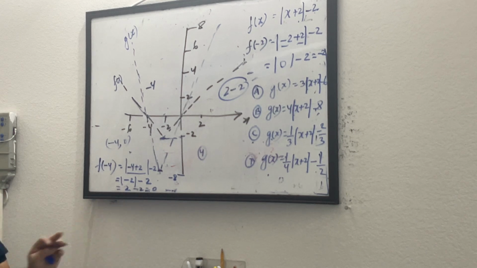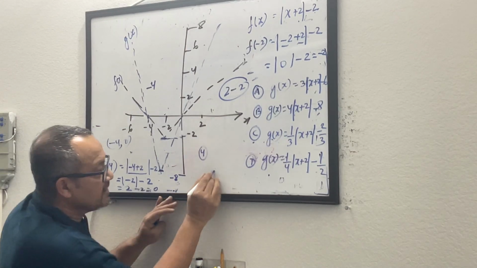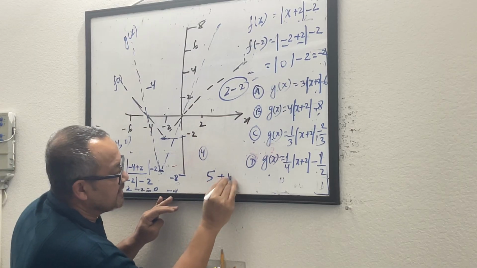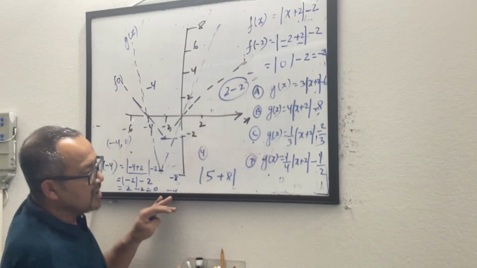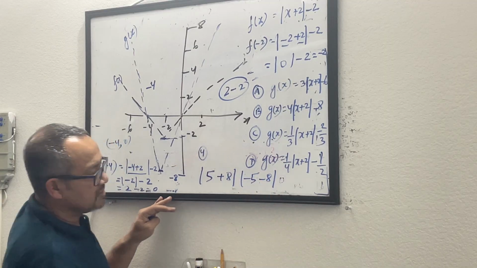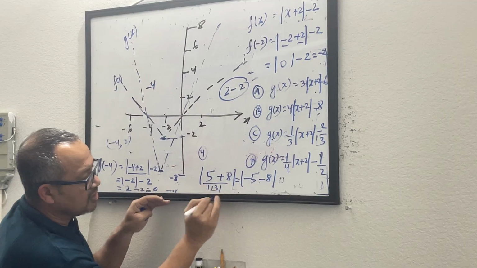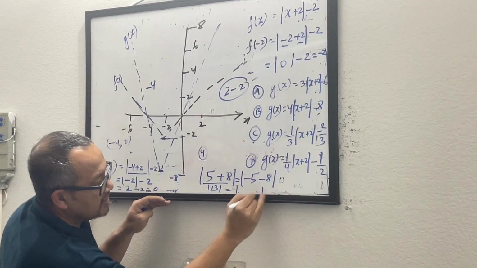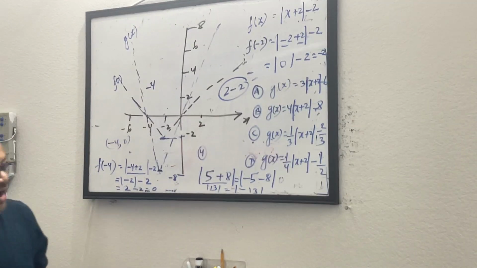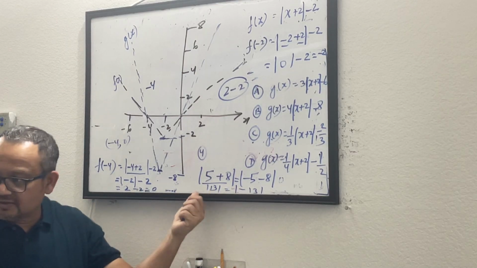See, I'm hoping that everybody is clear about what is a mod function, right? If I have, let's say, 5 plus 8 inside the mod versus minus 5 minus 8 inside the mod, both are same. Because this gives me 13 inside the mod, this gives me minus 13 inside the mod. Mod simply means the absolute value. You ignore the sign.